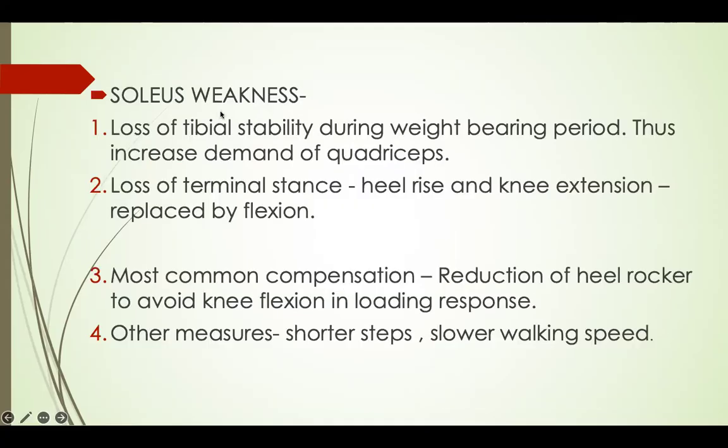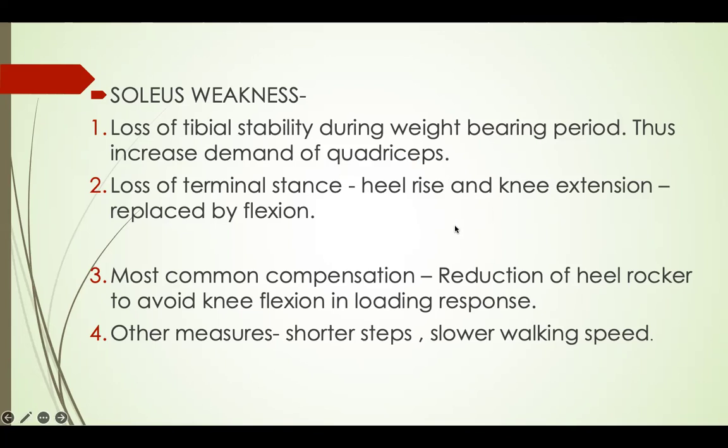Soleus weakness will cause loss of tibial stability during the weight bearing period, the period at which the ankle goes into dorsiflexion, which is mostly the stance period. Thus, there is increased demand of the quadriceps. There is loss of terminal stance heel rise. There will be no or slow heel rise, and knee extension will be replaced by flexion. So, because of both of these things, quadriceps demand will be higher.